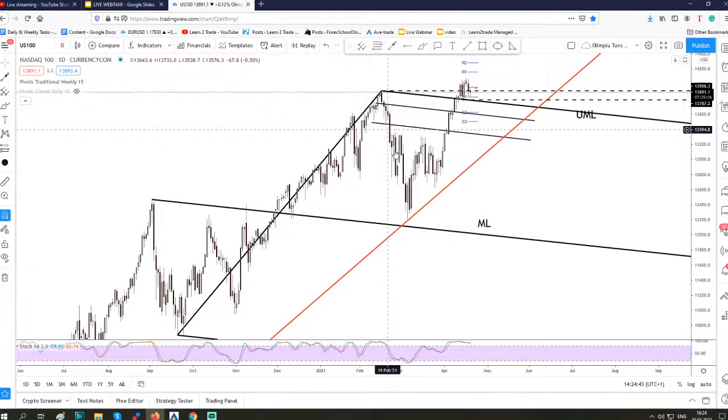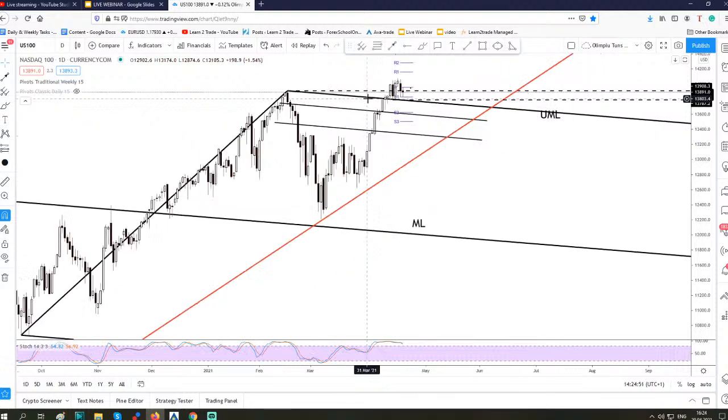So the price failed here to reach the medium line, so we expected an increase towards the upper medium line, and now the price has jumped above the upper medium line. It has registered a breakout above it, signaling that it could continue to increase, right?